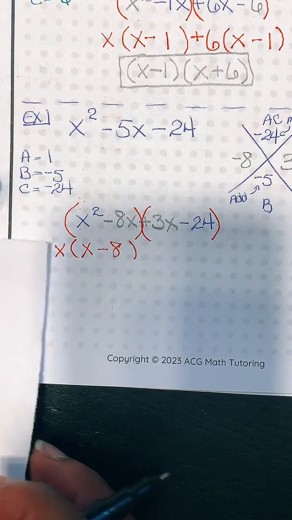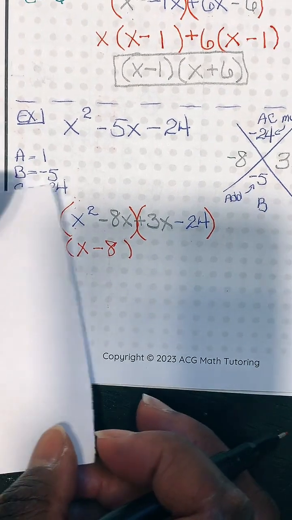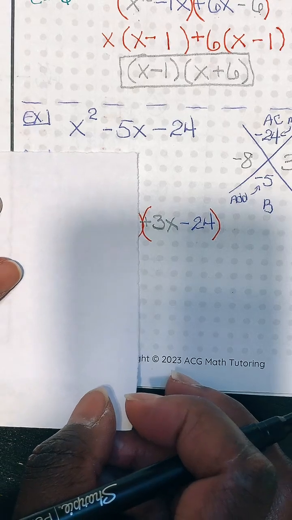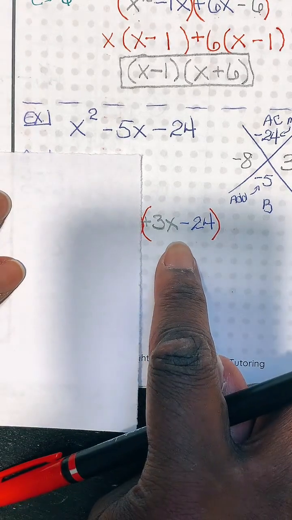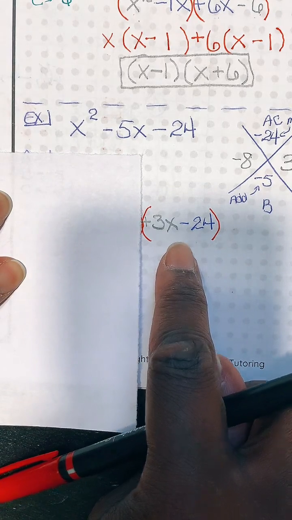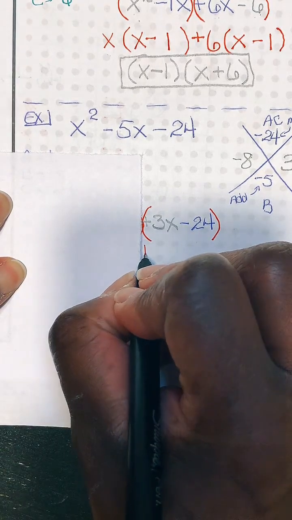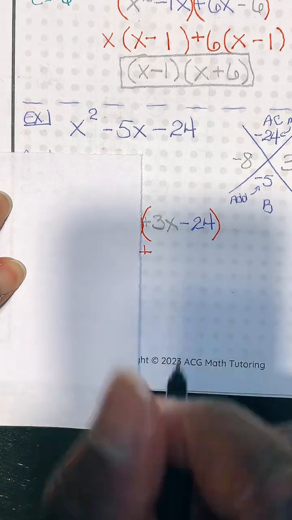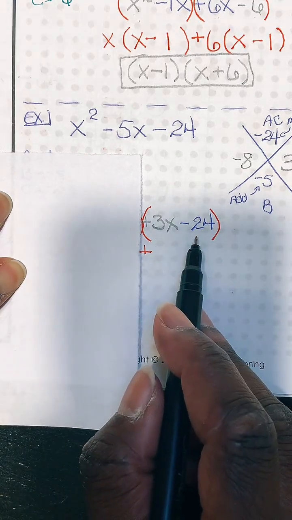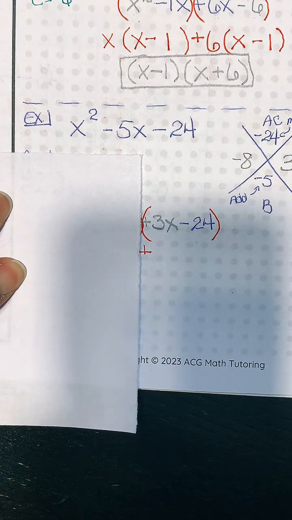Okay. All right, so now I'm going to cover up that first part. Now I'm going to try to find the GCF of the second part. So since it leads with a plus, that means I'm pulling out a positive. So 3 and negative 24, you guys are reading my minds.